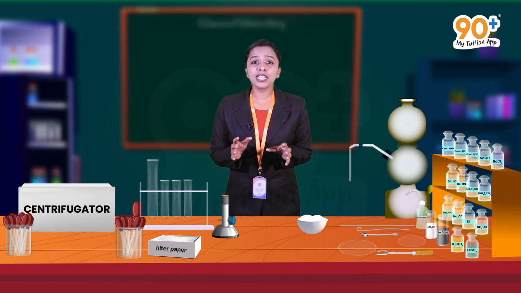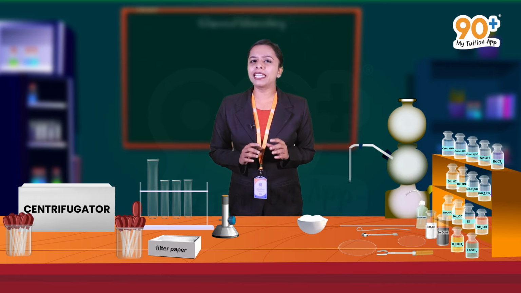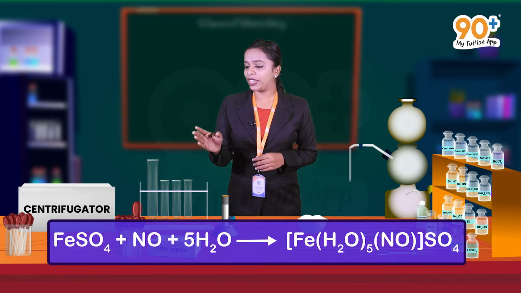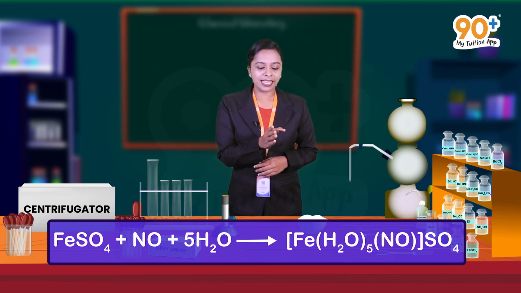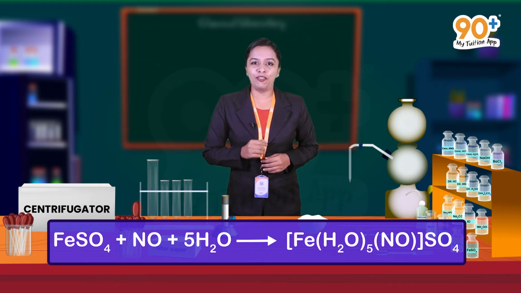Then this nitric oxide reacts with ferrous sulphate to form nitroso ferrous sulphate, and the chemical equation is FeSO4 plus NO plus 5H2O gives [Fe(H2O)5NO]SO4.